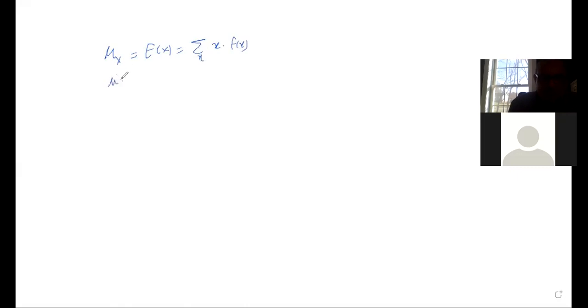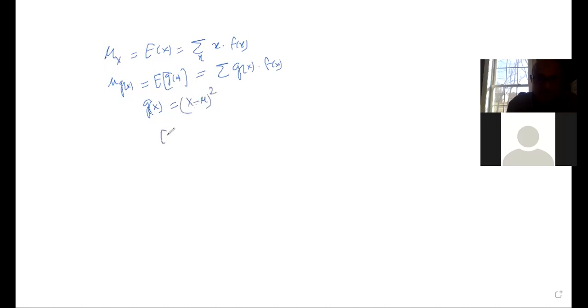In the same way, g(X) is nothing but E of g(X), which we saw in article 4.1, and that is equal to the summation of g(x) times f(x). And here I took my g(x) to be (x minus nu) squared.